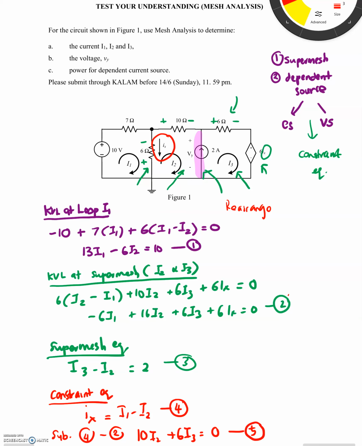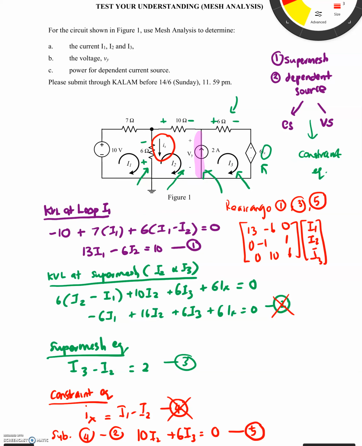So you just omit this equation and then you rearrange equations number 1, 3 and 5 into the matrix: 13, minus 6, 0; 0, minus 1, 1; 0, 10, 6, times I1, I2 and I3, equal to 10, 2m and 0.